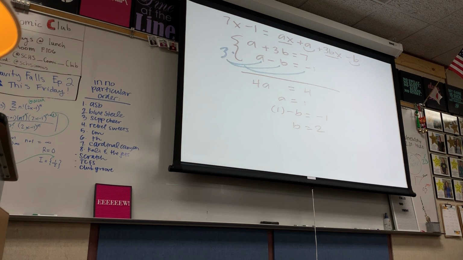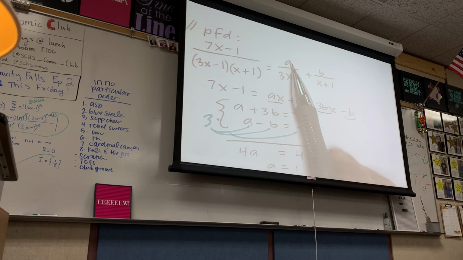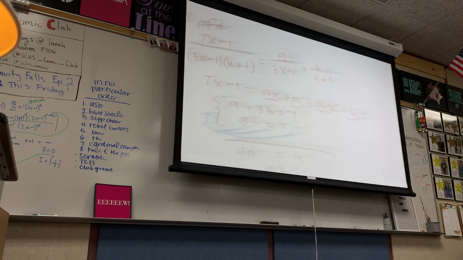All right, so A is 1 and B equals 2. Once you identify those, you're going to put them back into the function. A is 1, B is 2.